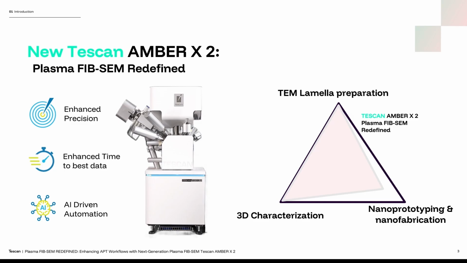For years, labs working in material science have faced a fundamental limitation: choosing between precision and throughput. Gallium FIB-SEM systems have been the standard for high-precision tasks like TEM lamella preparation or nanofabrication, thanks to their finely focused beam.